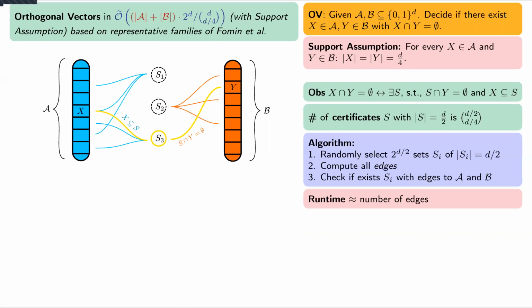I don't want to get into details of that, but you can, for example, observe that these sets from the certificates are oblivious to the input, and therefore, with some nice preprocessing time, you can get a data structure that, for a given set X, gives you the neighbors of S. So I want to claim that the bottleneck of the running time is basically the number of edges.